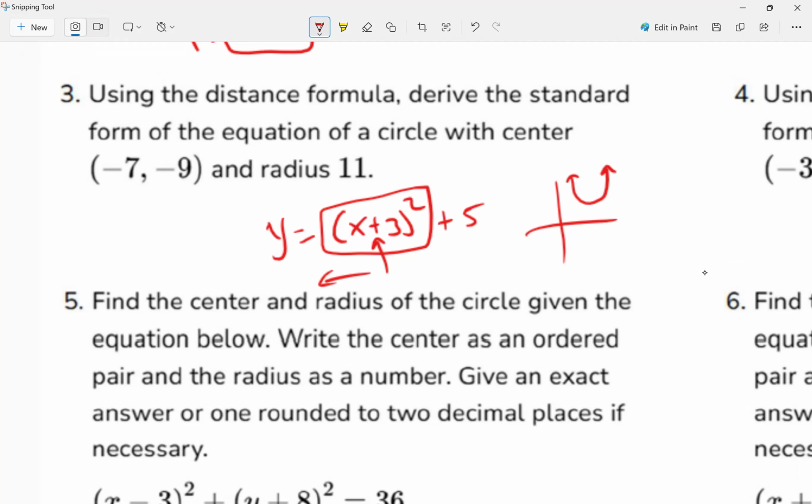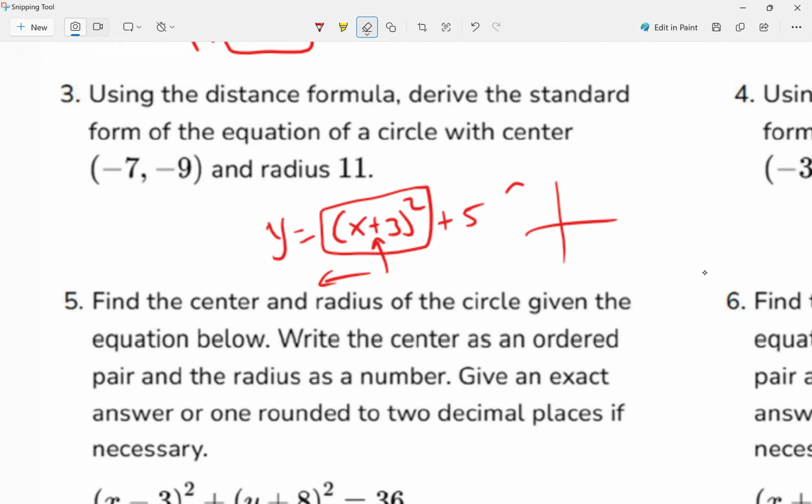So in this case, my graph should have been somewhere about here. I know plus, we tend to think it's to the right, but here it is to the left. And then the number on the very outside told us whether to move up or down. But my focus here is the parentheses. It was to the second power, so it gave us a U shape.